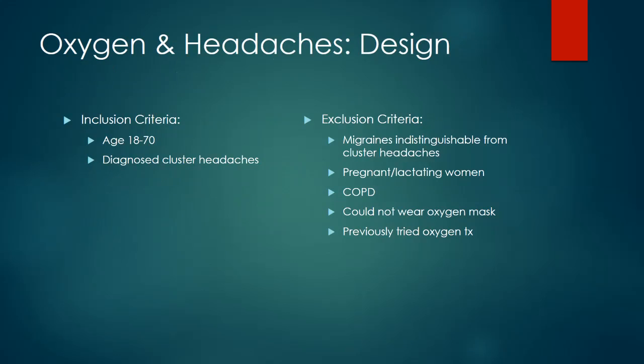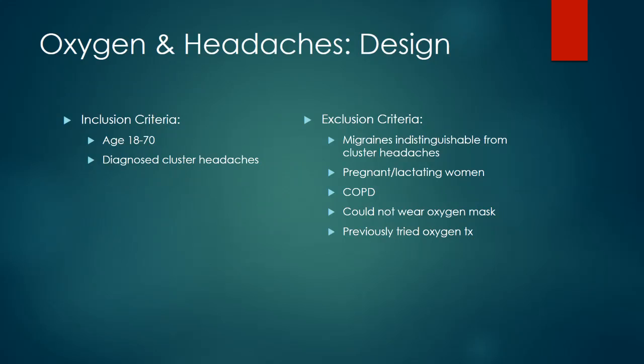Here are the inclusion and exclusion criteria for the study. It was only among people age 18 to 70 who had been diagnosed with cluster headaches, and they were excluded if they had migraines that couldn't be distinguished from their cluster headaches. They excluded women who were pregnant or lactating. They excluded people with COPD, since oxygen therapy is a common treatment for that condition.